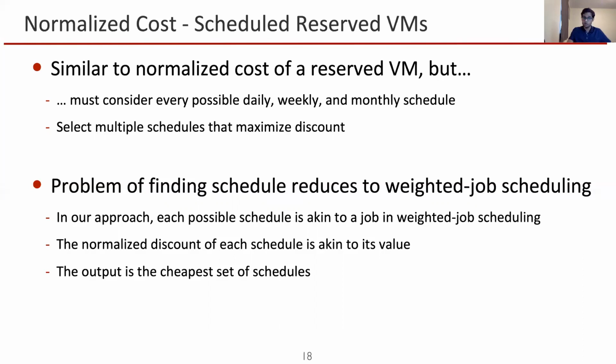Hence, in our approach, each possible schedule is akin to a job in weighted job scheduling, and the normalized discount associated with this scheduled reserved is akin to its value, and our task is to select multiple such schedules. Hence, the output is the cheapest set of schedules in this problem.